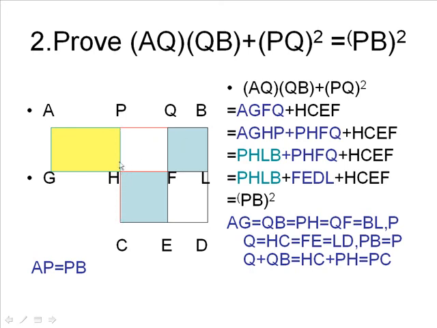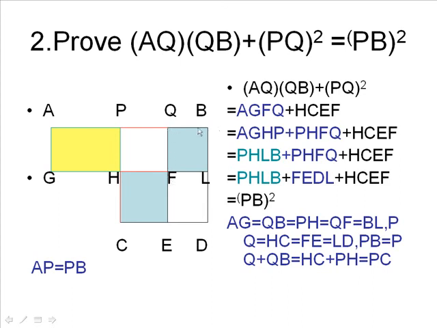And also, PQ and HF, they are opposite sides of this rectangle, so they should be equal. So that means these three red lines are equal. And these two equal sides of this rectangle make it a square. And similarly, we can prove this blue one is also a square because QB equals QF.